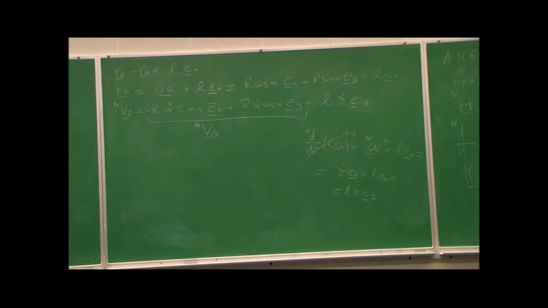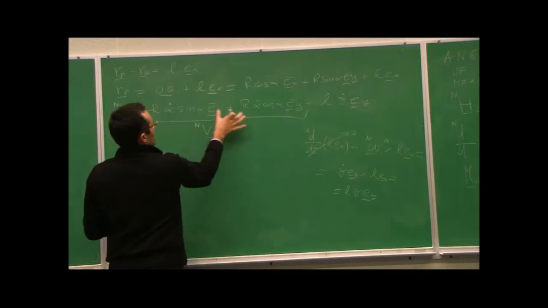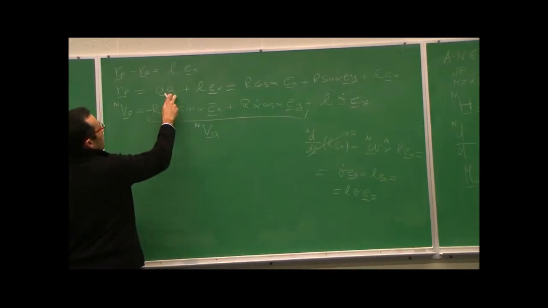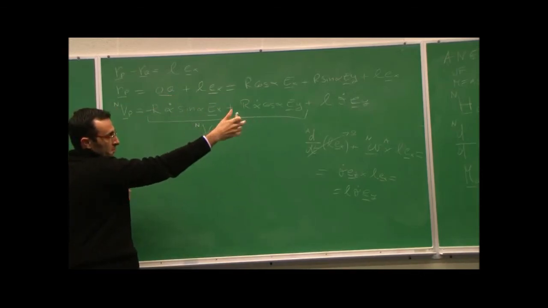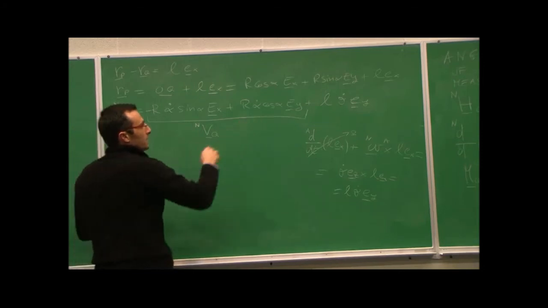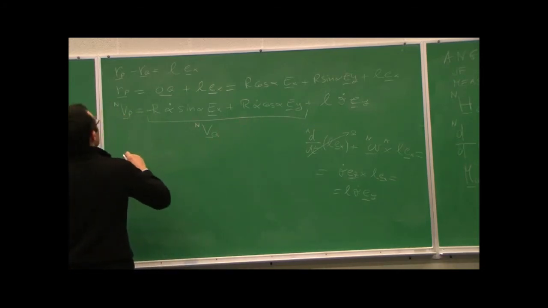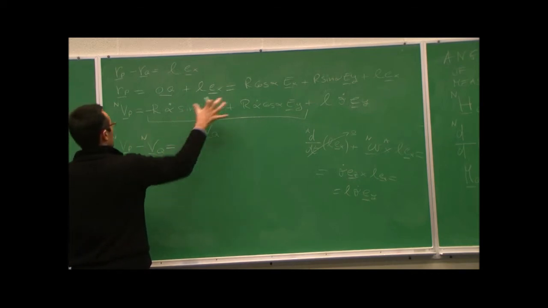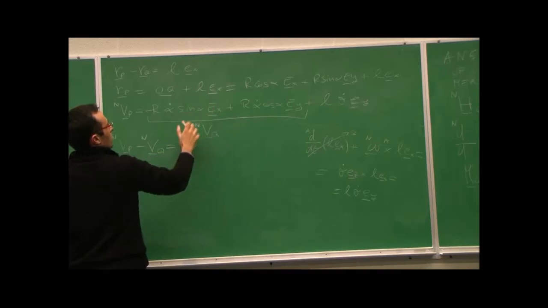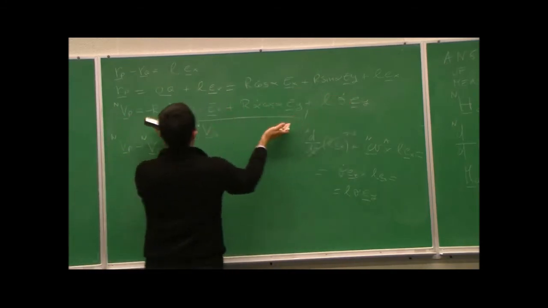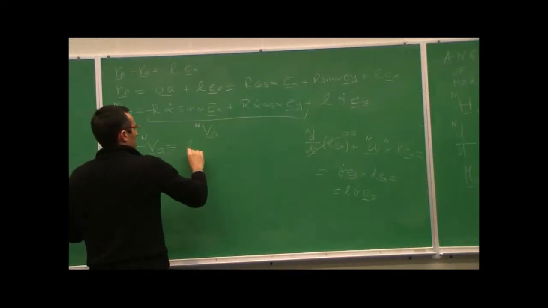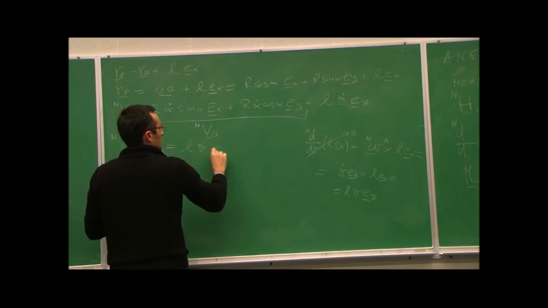These first two vectors here are the rate of change with respect to N of OQ, which is the velocity of Q. So that second piece, Vp minus Vq in N, is this entire vector minus Vq, and it's only L theta dot Ey.